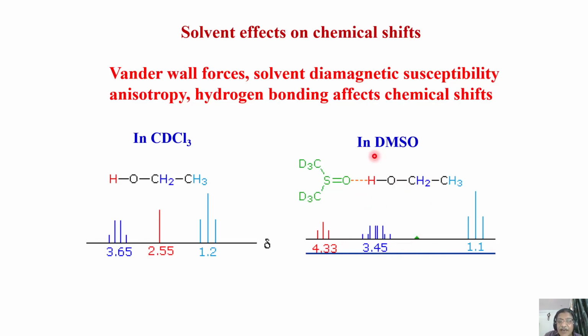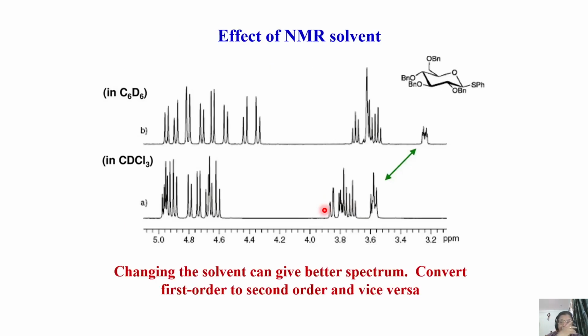Because of that, this proton can interact with the CH2 and make this quartet into two sets of quartets, which we will understand in the next class about coupling interaction. Similarly, this will interact with this. Instead of one peak, it makes this a triplet. This is the effect of hydrogen bonds, which sometimes affect the chemical shifts, and you will see all this information.